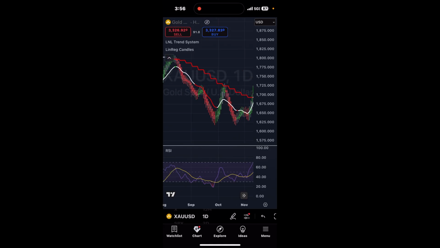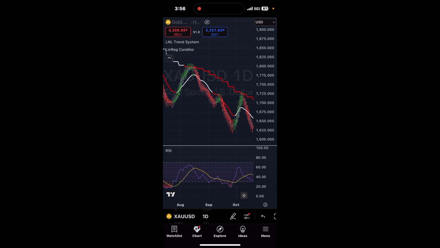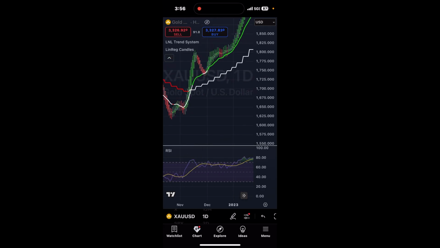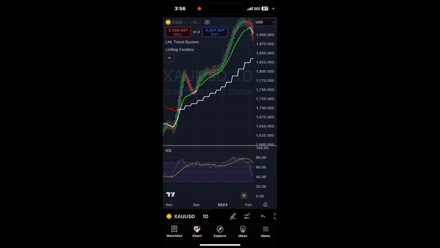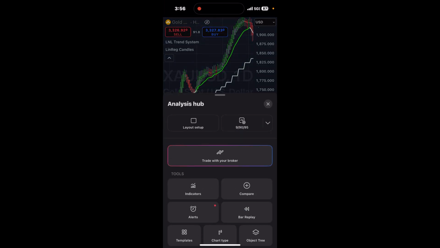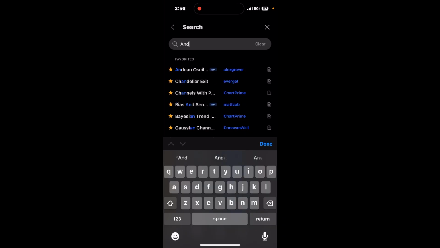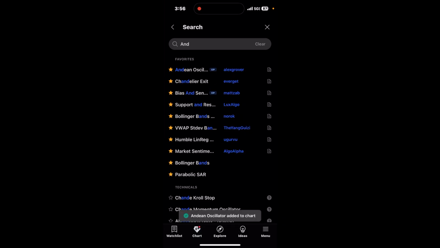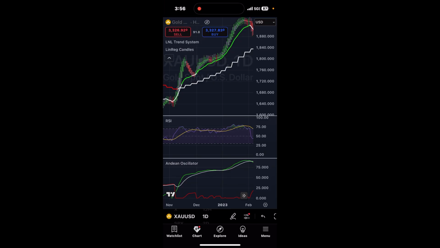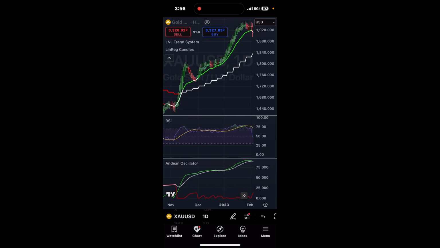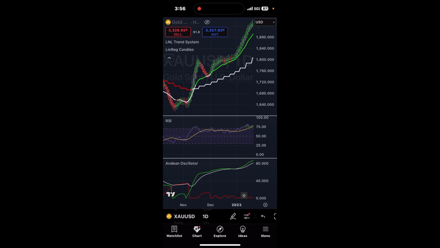You can also do ADN. ADN oscillator works well. So let's just look at this scenario real quick. I don't want to go too much off topic here, but if the RSI is not working for you, you can go to your ADN oscillator. And basically, you can go by the ADN instead of the RSI.